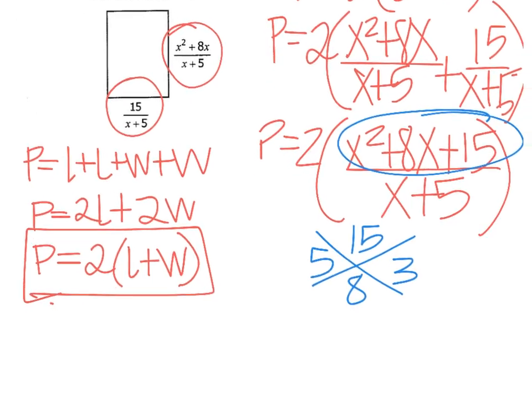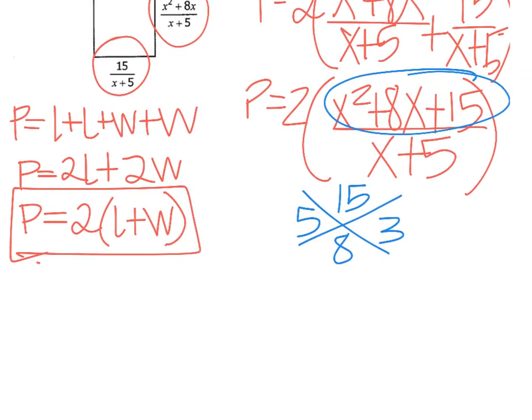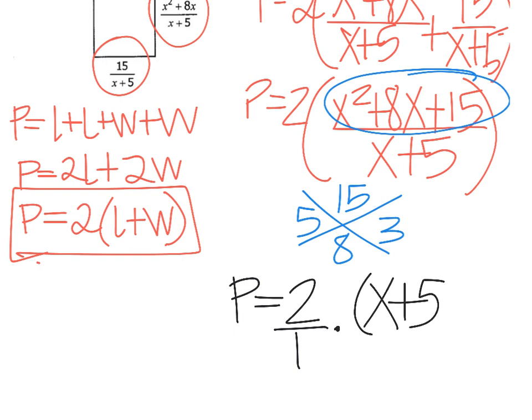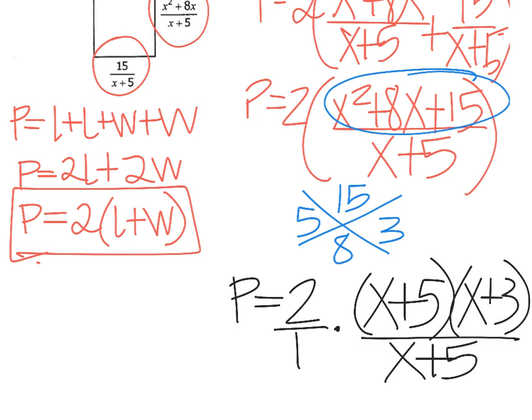All right, so scoot everything up so we've got some more space. And then we want to say that the perimeter equals 2 over 1 times x plus 5, x plus 3 over x plus 5.